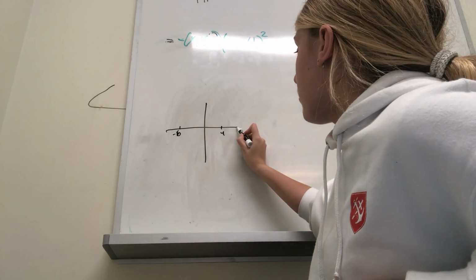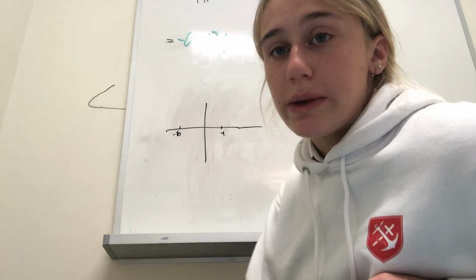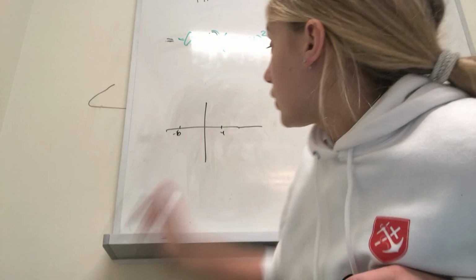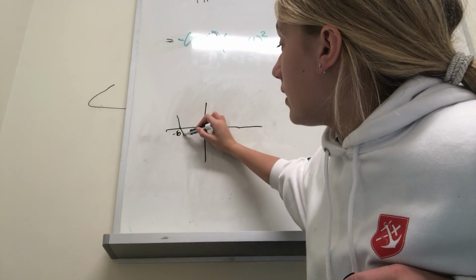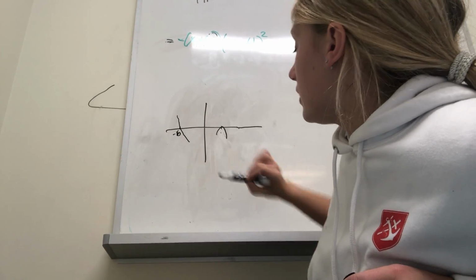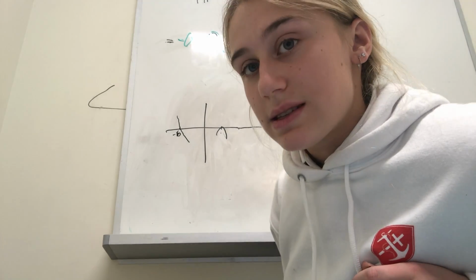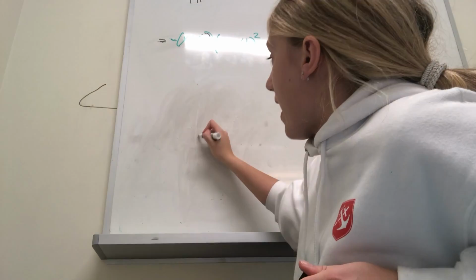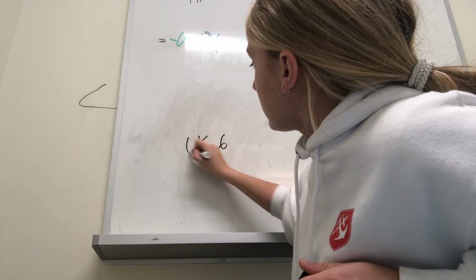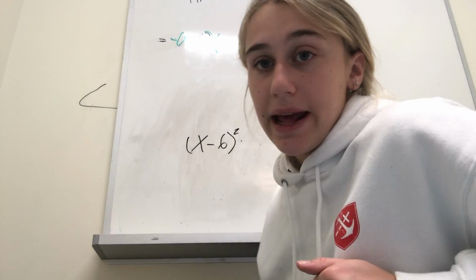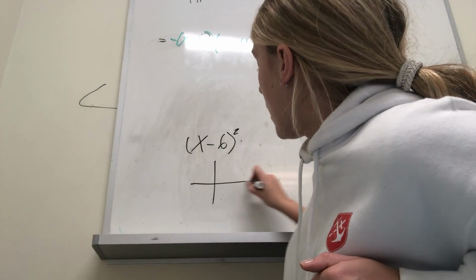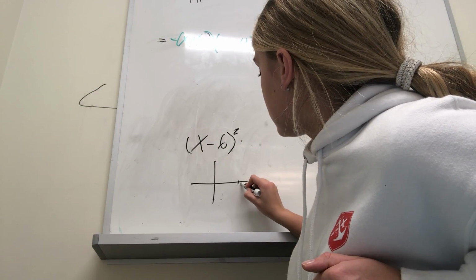So it has one more. This is important because we know that it can cross here, but only once. I'm going to go with x minus 6 squared, meaning that it has a maximum at 6.